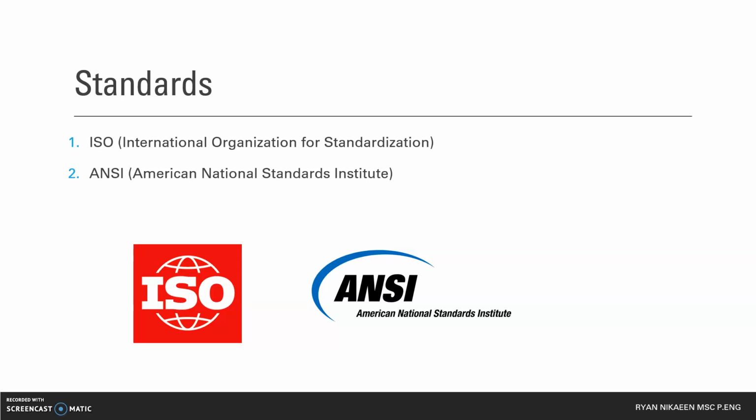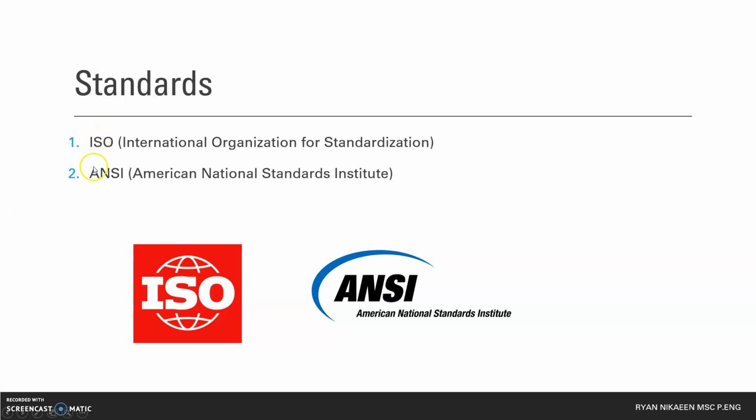For example, a standard for paper, a standard for fasteners, bolts, screws, nuts, a standard for raw material. For example, you want to order lumber, I-beams, or C-channels. So everything is coming from them.